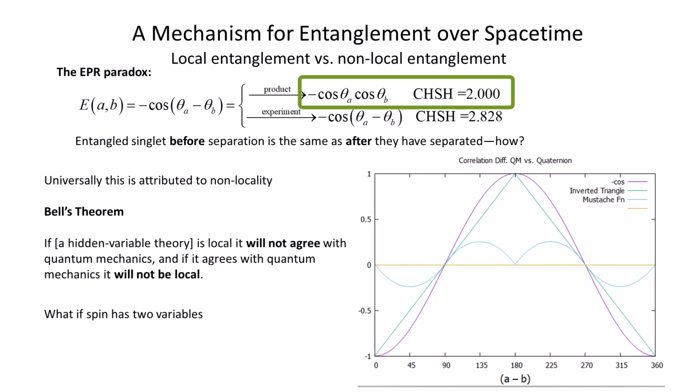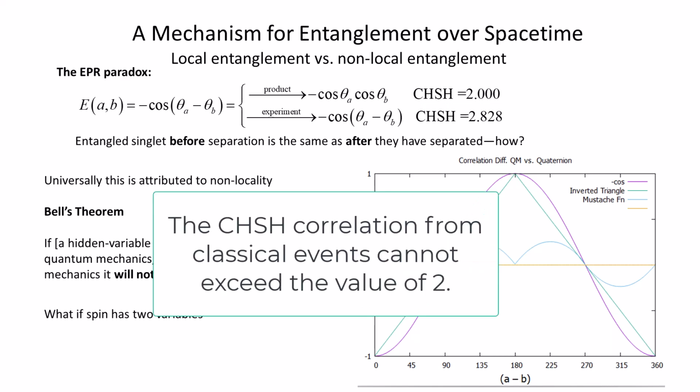The main usefulness of Bell's inequalities is they allow us to quantify the correlations from the CHSH form of the Bell's inequalities, that is, after Clauser, Horne, Shimony, and Holt. Bell showed that the classical CHSH correlation should never exceed the value of 2.